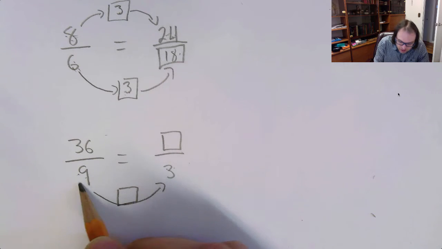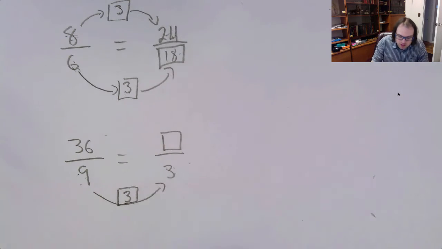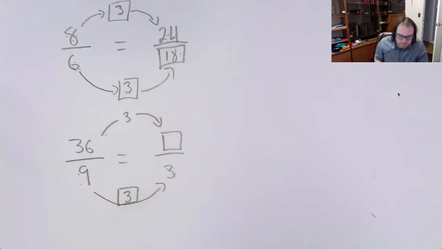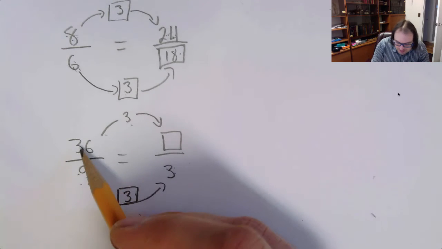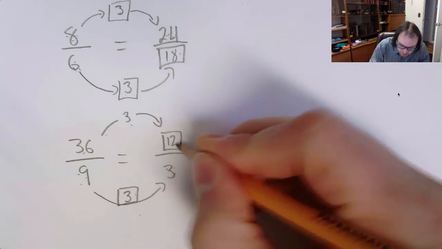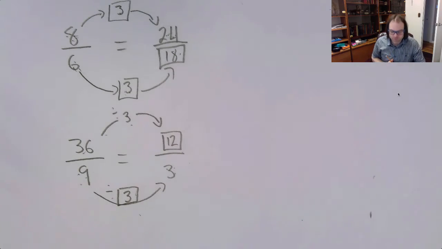So I'm going to go 9 divided by 3, which gives me 3. So then I know I have to use 3 up here as well. These numbers must be the same. So in this case, 36 divided by 3 is 12. Since I used division here, I'm going to have to use division there. And that is my rate.